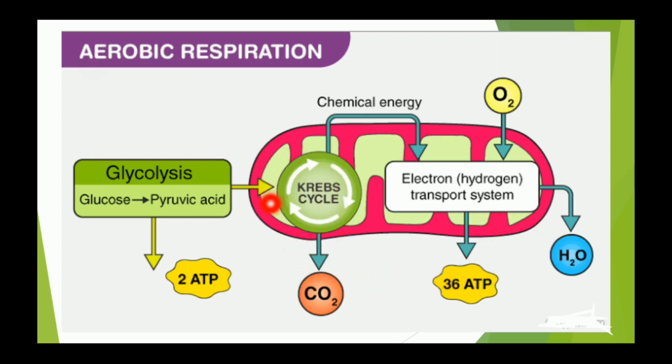One more important thing here is acetyl coenzyme A. This is the link between glycolysis, or we can say the anaerobic phase, and the aerobic phase. Acetyl coenzyme A takes the pyruvic acid into the Krebs cycle, and there are many intermediary products formed. But at the end, what is going to form? Carbon dioxide, water, and energy.